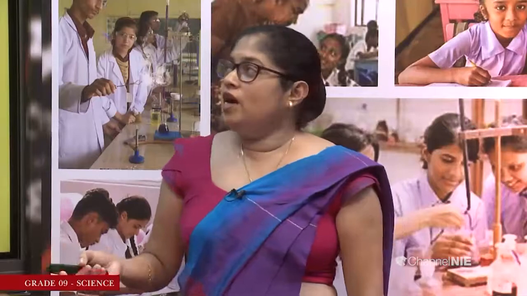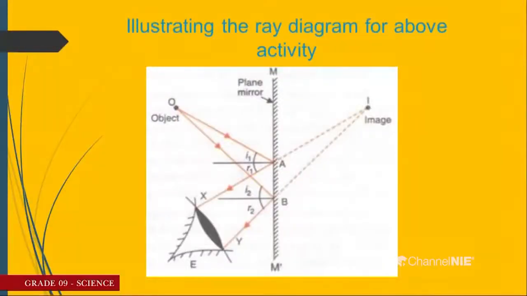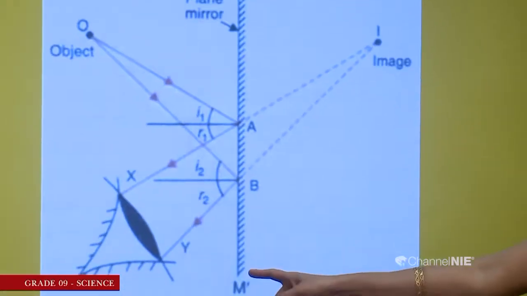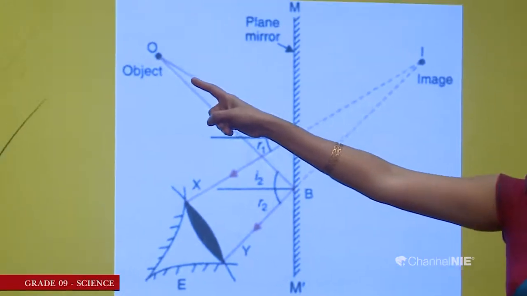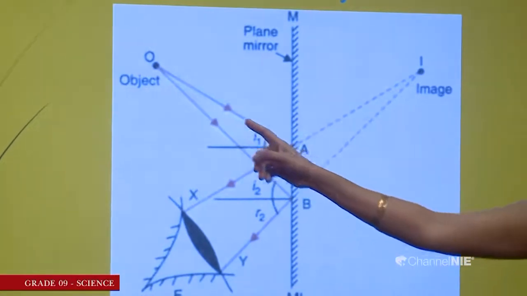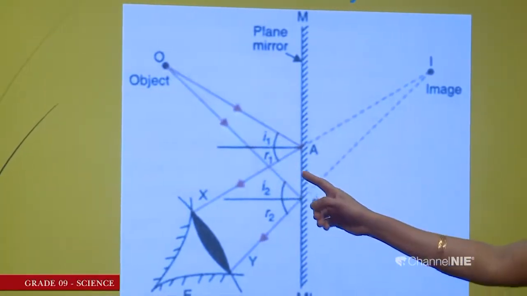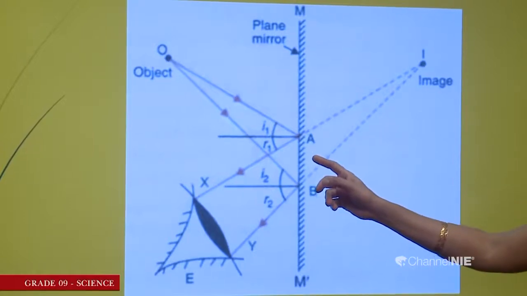Let us see how to illustrate the ray diagram for the above activity. This is the pointy object over here. You can draw the plane mirror like this and then draw the pointy object like this. Then you can draw two incident rays coming from the pointy object using a ruler.